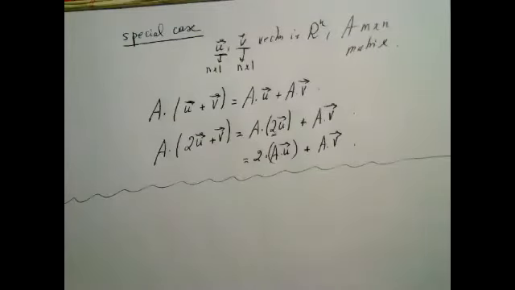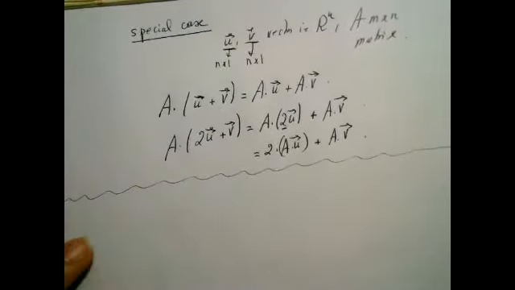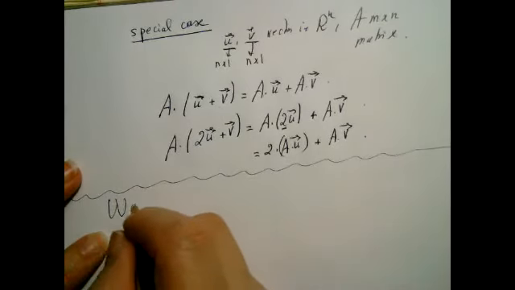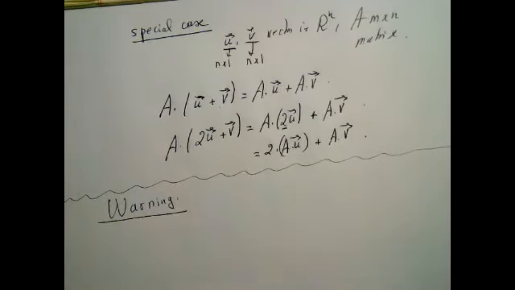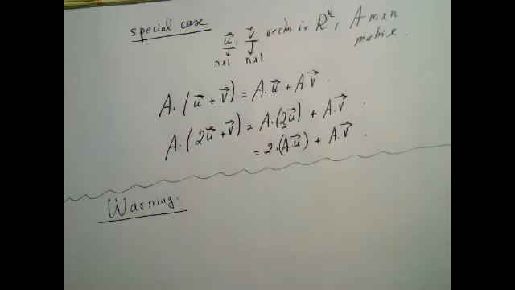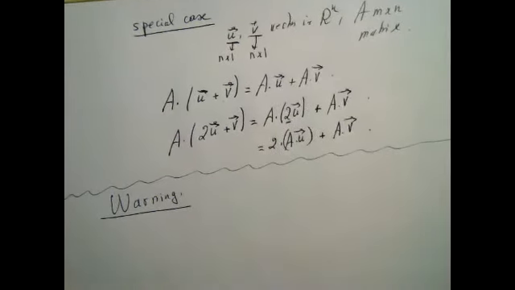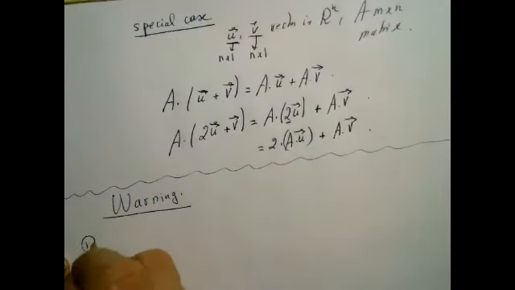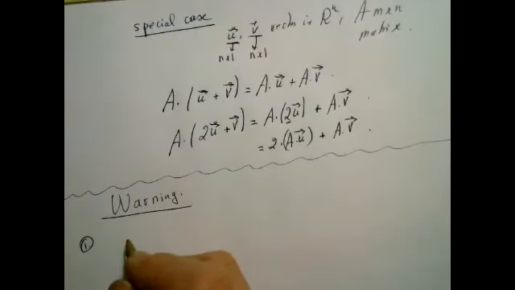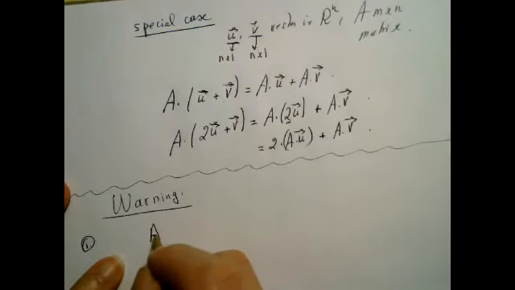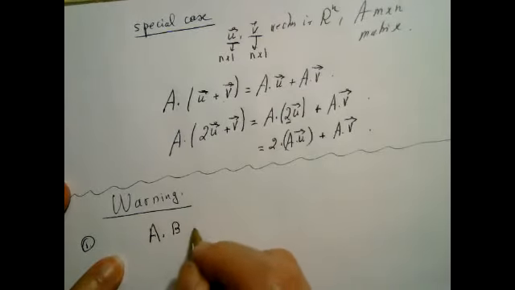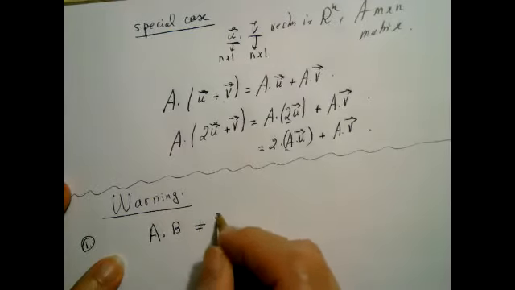But there are properties that we want to work, but they don't. The book actually calls those warnings. Let me see what the book is talking about. The first thing is that multiplication is not commutative. What does it mean? It means AB is not necessarily BA.